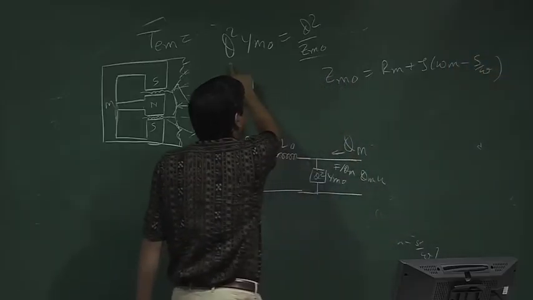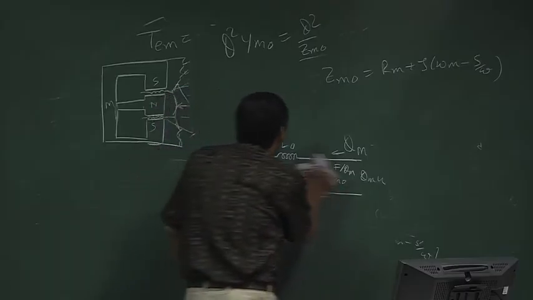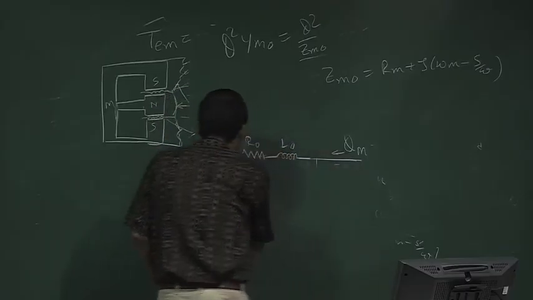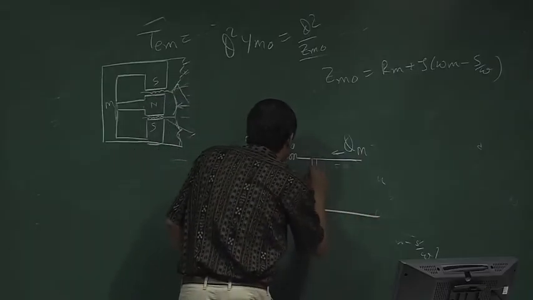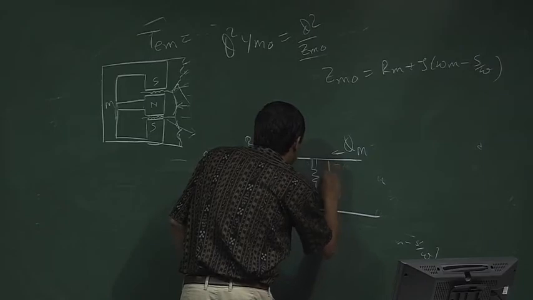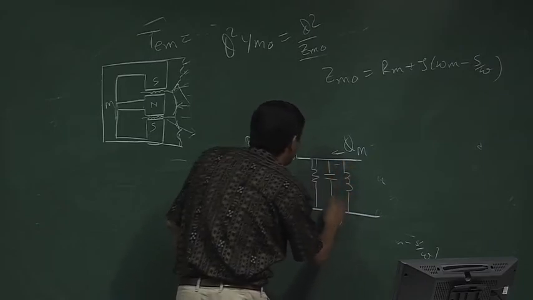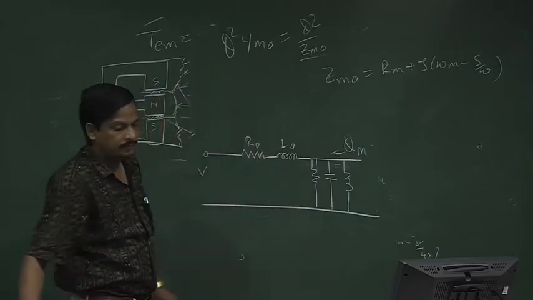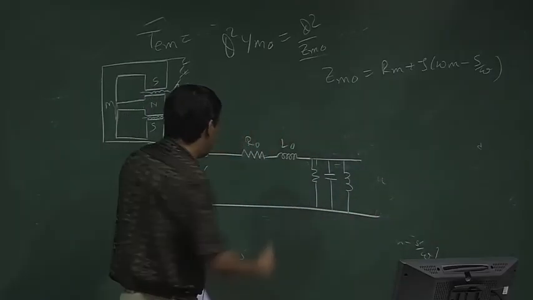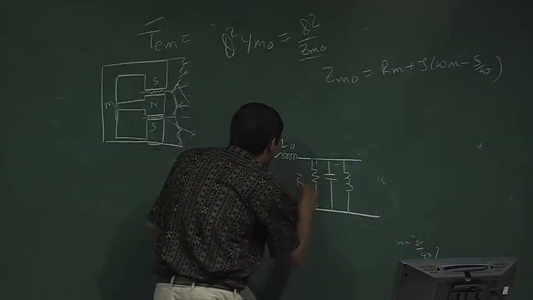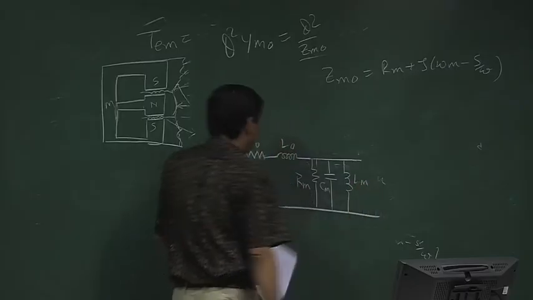So, phi square YMO can be thought of as a resistance, capacitance and inductance spring mass system. If we solve this equation, this is Rm, this is Cm, this is Lm.